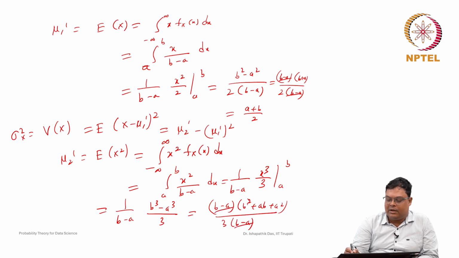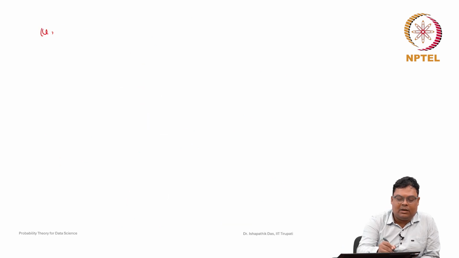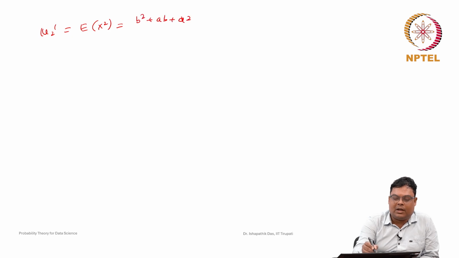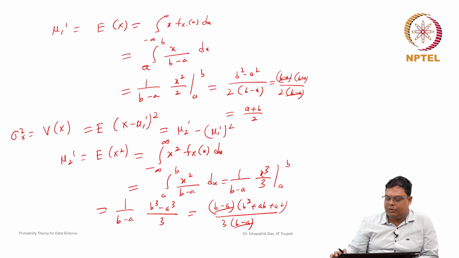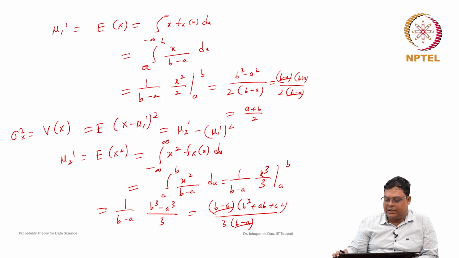So, this is cancelled. Then the expected value mu2 dash, the expected value of x square, is b square plus ab plus a square by 3, because b minus a is cancelled.